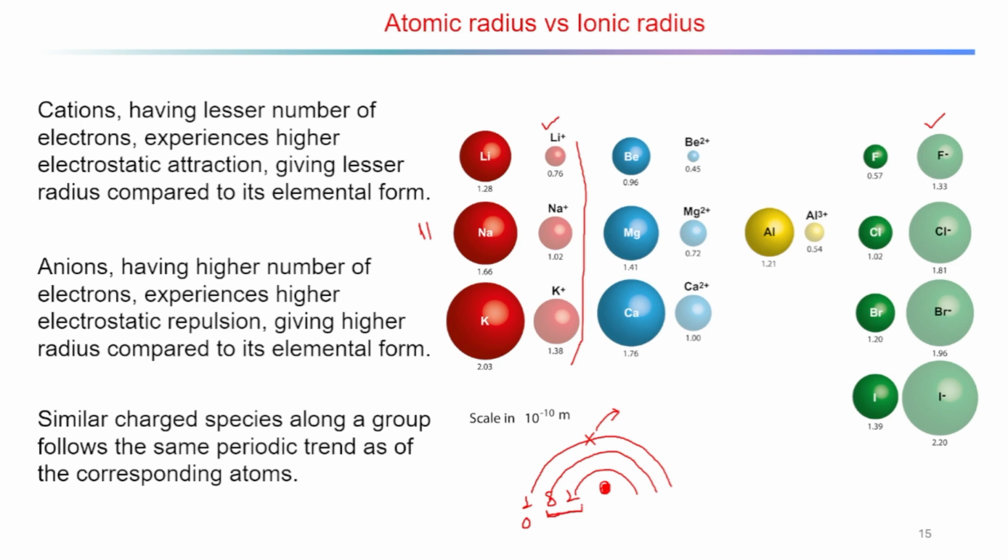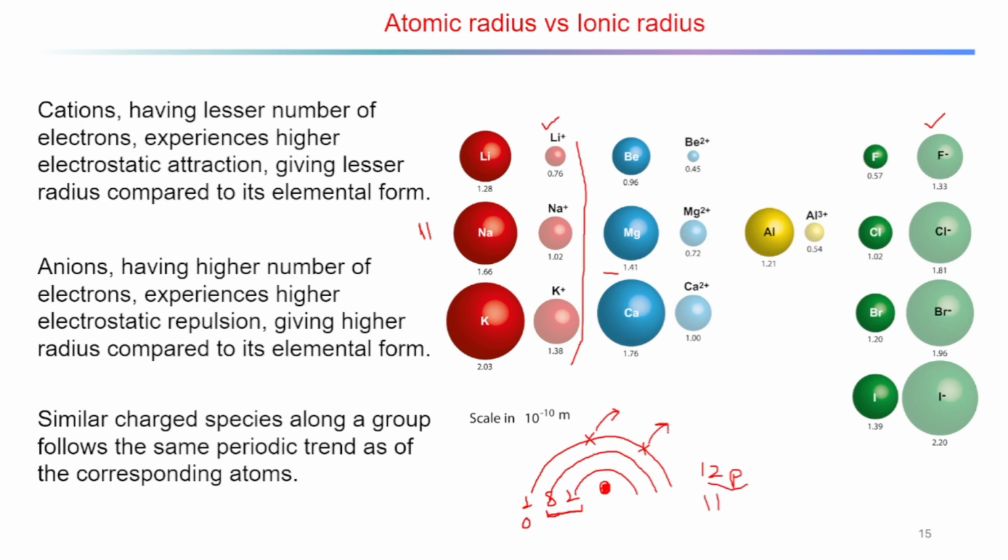Even if you take magnesium, in magnesium there were 2 outer electrons, and if we remove 1 electron, we will have 12 protons and 11 electrons in the case of magnesium plus. But when we do magnesium 2 plus, we are removing both the electrons.